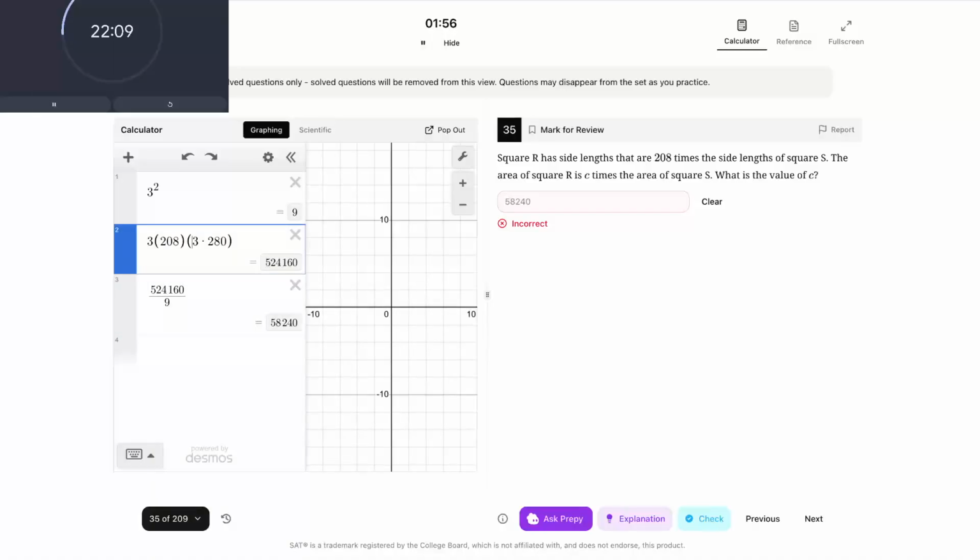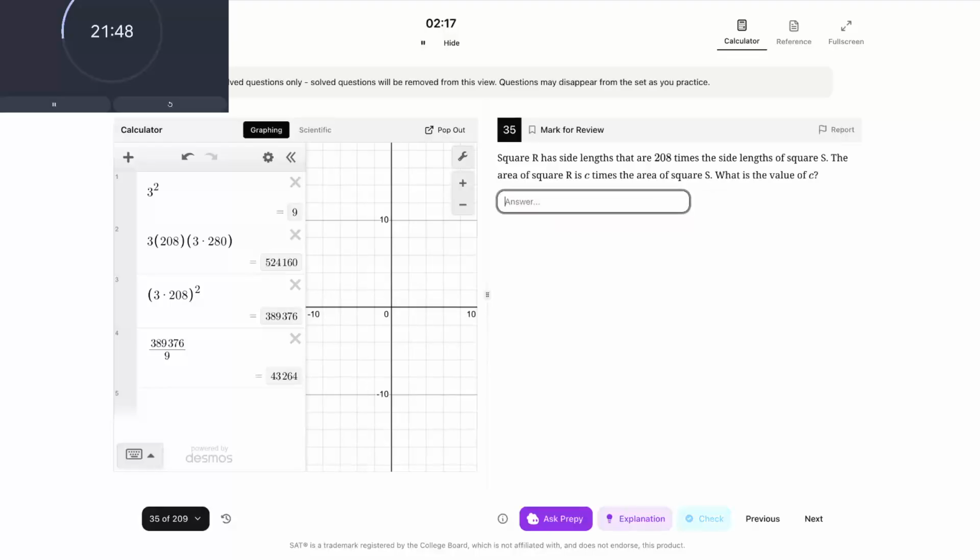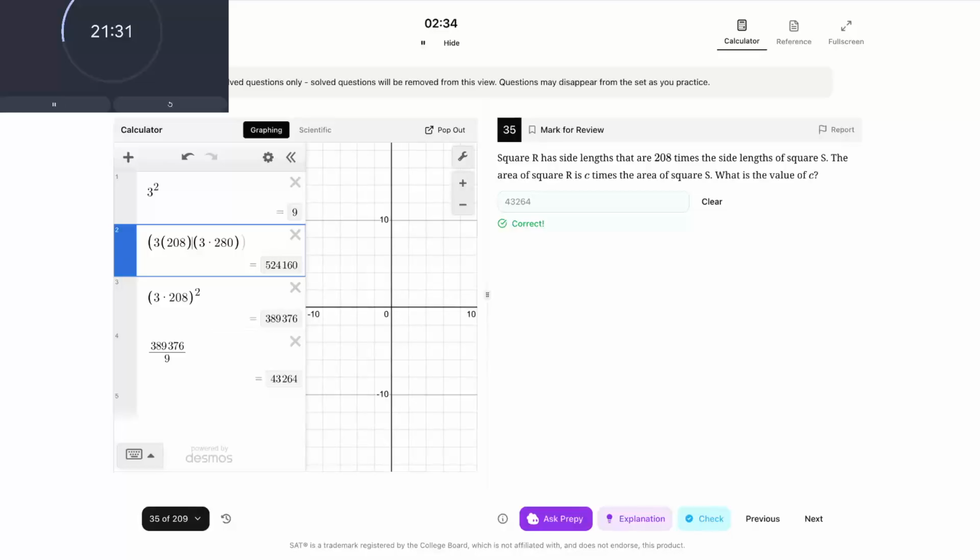Okay, that is interesting. 3 times 208 cubed is this, but this is equal to this. So I guess order of operations matters. Let's see how this one is. Okay, so the method I did is correct, but apparently the order of operations is flipped, so I am not sure actually.